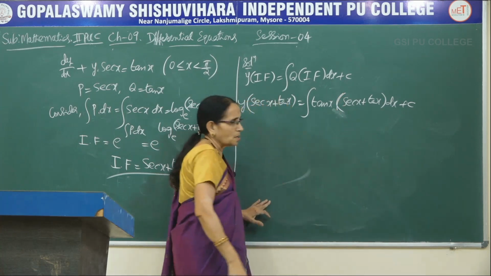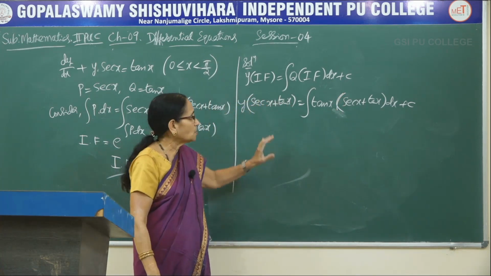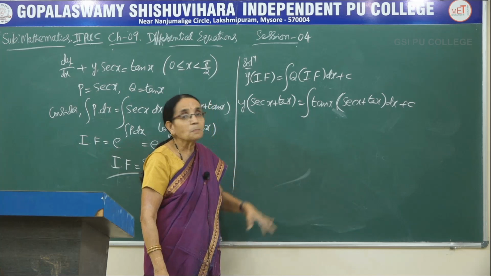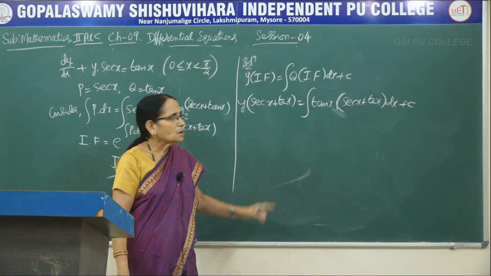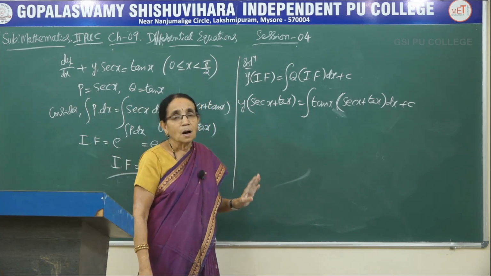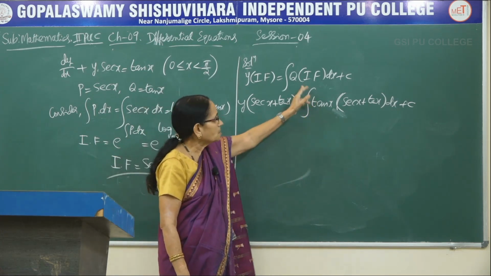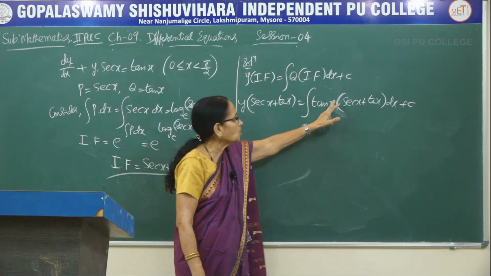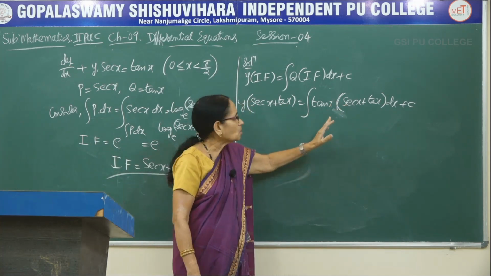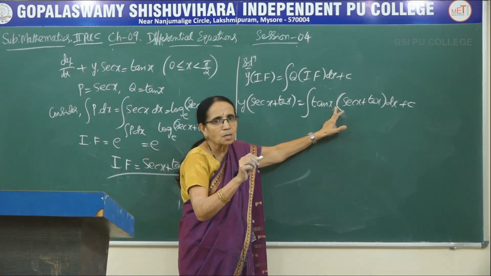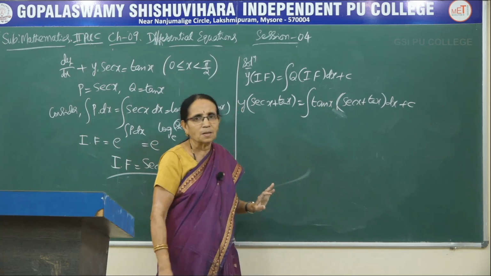See, students should have the habit of using brackets wherever we are doing multiplication or wherever a negative number comes. One thing I have observed, in such cases many students don't use a bracket. They simply write tan x into, put a dot, write secant x plus tan x.